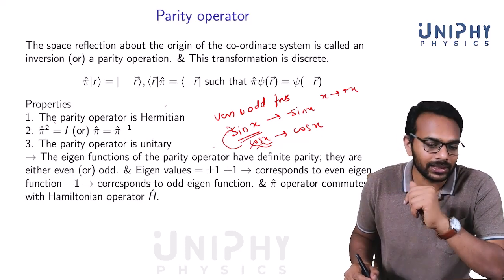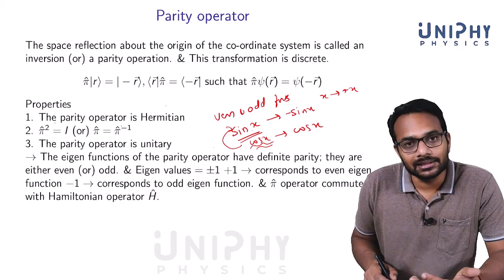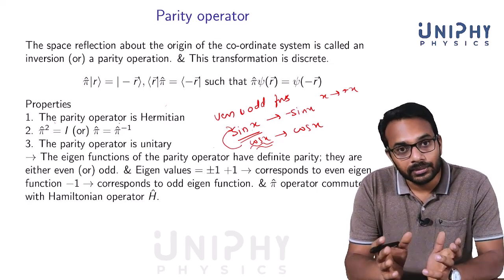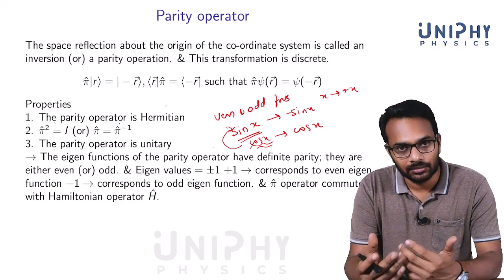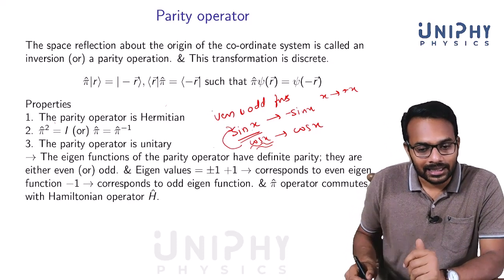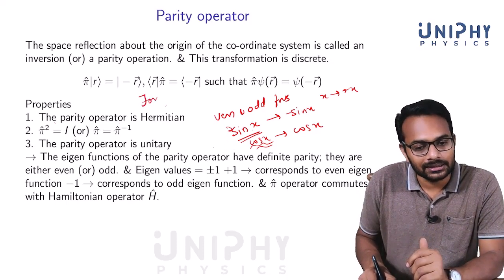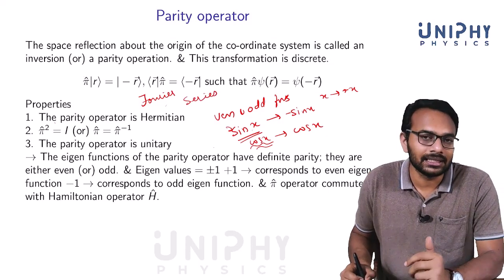And there is something quite interesting here, because we have seen that the parity operator is Hermitian. So the eigenvectors of a Hermitian operator form a complete set. We can use it as a basis to expand any function. We have seen these things. And this is actually what you see in the Fourier series, which you might have studied in mathematical physics.